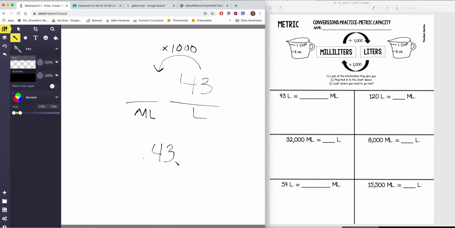We are going to move our decimal point 3 places so it becomes larger. If I want to make my number bigger, I'm going to go this direction, because to make it smaller would go that direction. So let's move it 1, 2, 3 places because we're multiplying by 1,000.